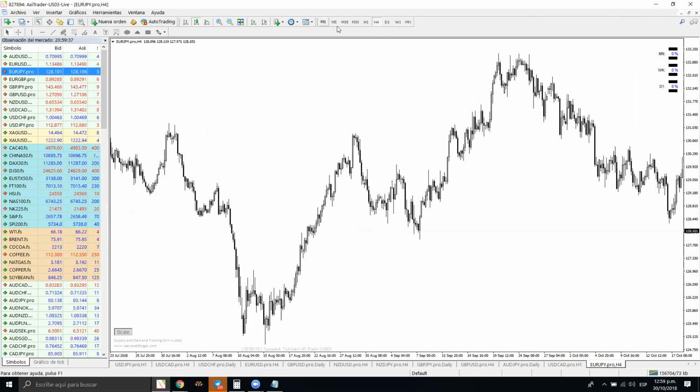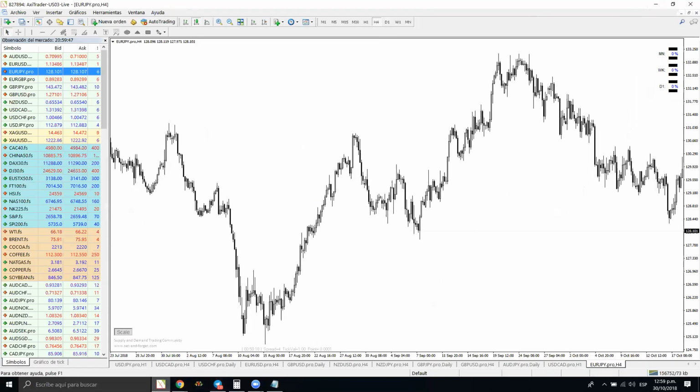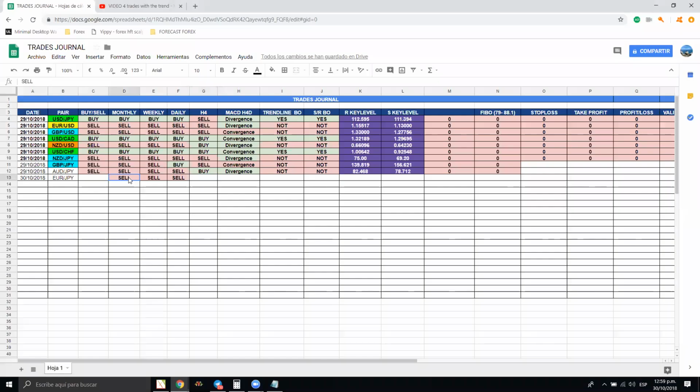Never skip this. Second, we need to go with the stronger force, bullish or bearish. In this case, like we wrote in our journal, we are in a bearish trend. Let's go with the bearish. Let's go into sell.